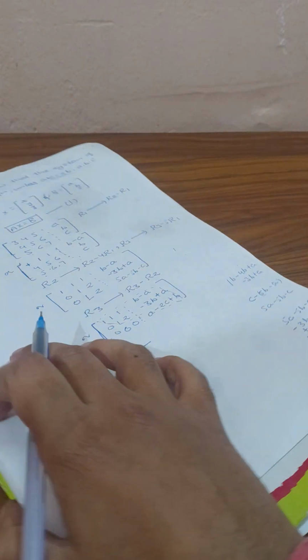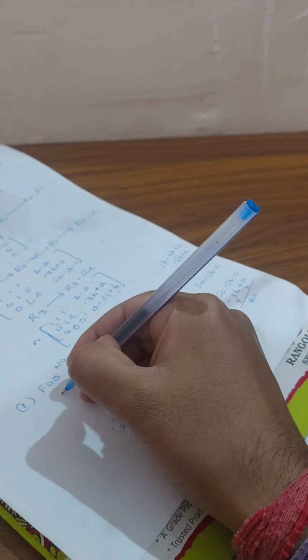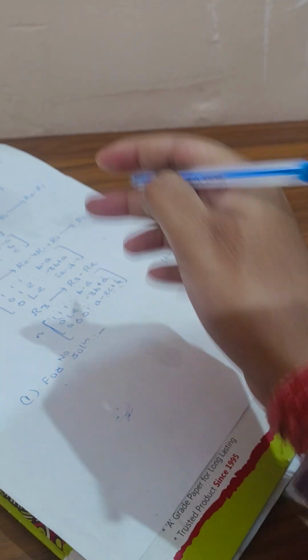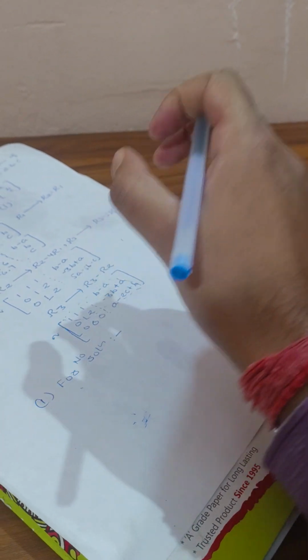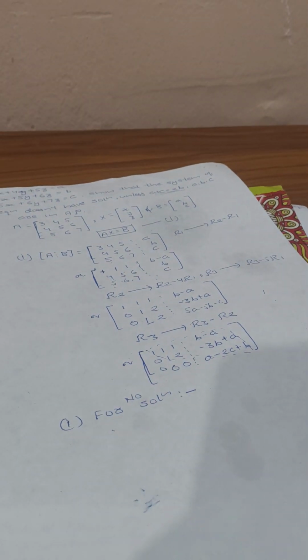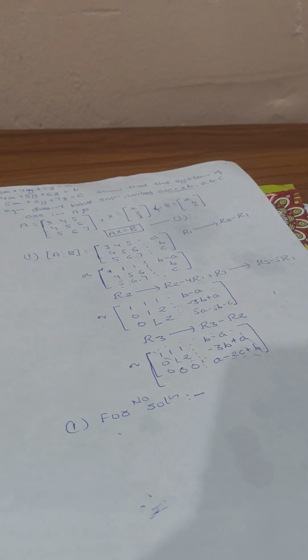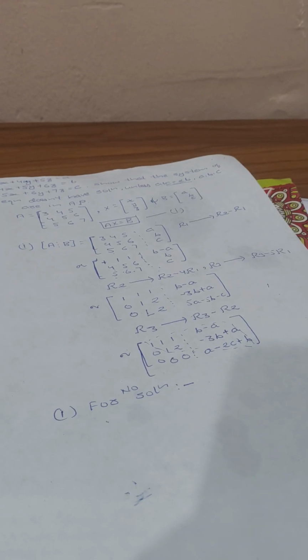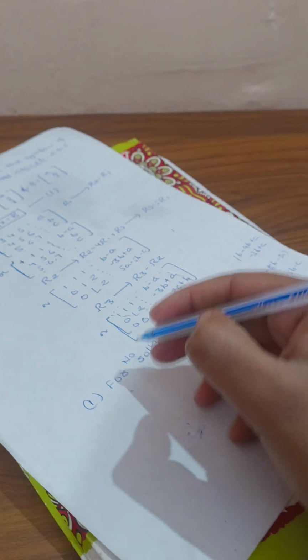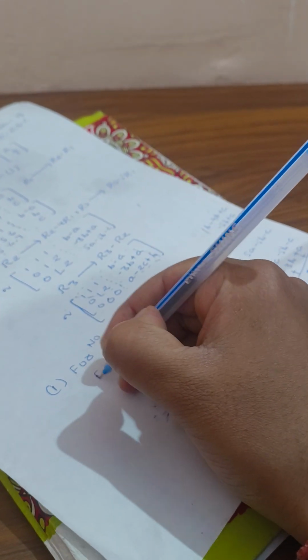For no solutions, firstly we have to determine that this system is inconsistent. If we conclude the system is inconsistent, then this system has no solutions, right? So let us see how we can find rank.